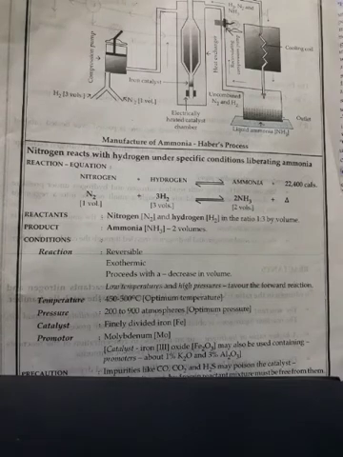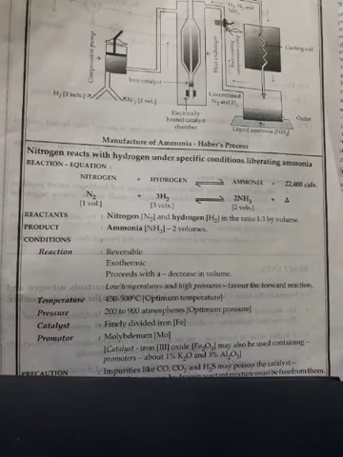By the absorption of heat energy, resulting in a fall in temperature. So the higher the temperature, the smaller is the yield of ammonia, and the lower the temperature, the greater will be the yield of ammonia. So it means low temperature should be selected for this process.